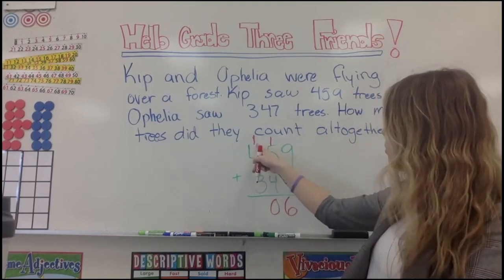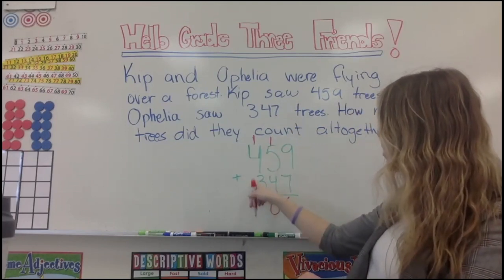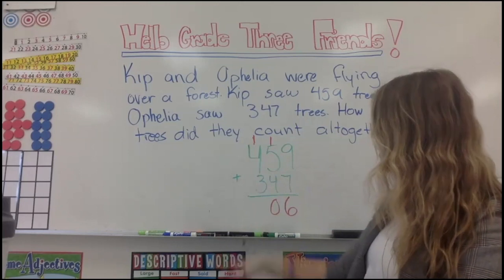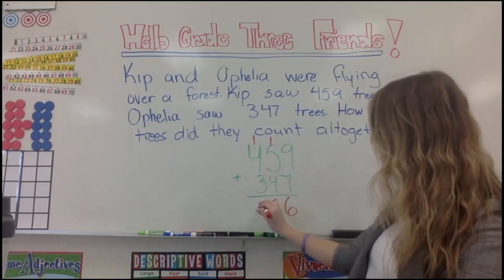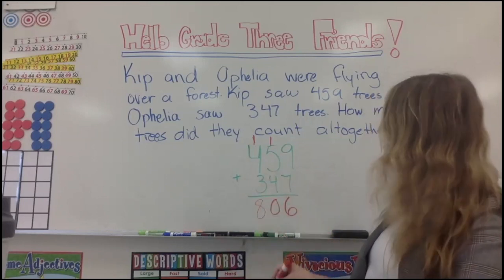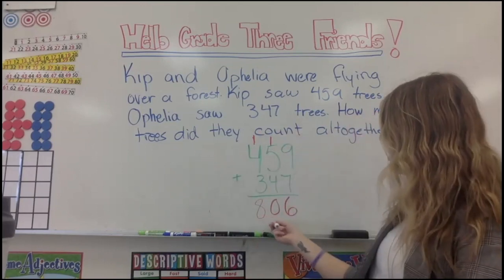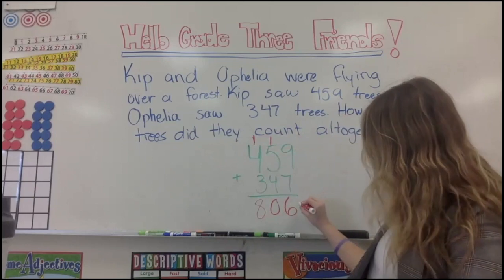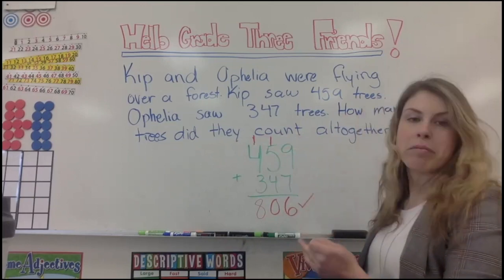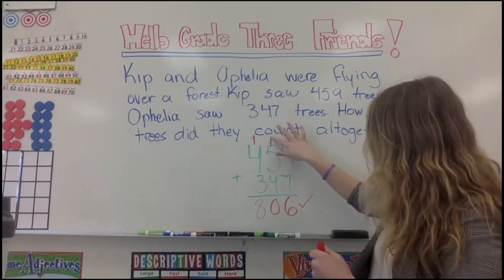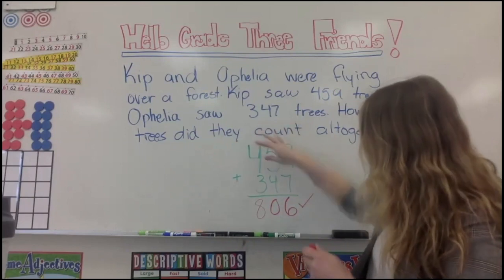So now I'm going to add my 1 to my 3 to make 4. And then 4 plus 4 is 8. So how many trees did the dragons count all together? 806. Nice work.